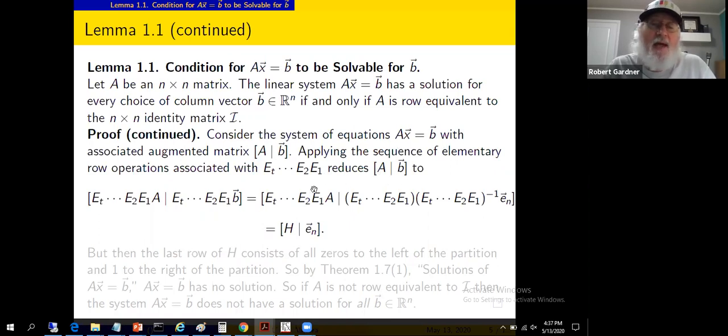What's going to happen to A? Well, I can express it in terms of these elementary matrices. We're going to get E1 times A, E2 times that, E3 times that, up through this final elementary matrix. And we'll do the same thing to vector B. What was vector B defined as again? We took vector B to be E sub t inverse through E sub 1 inverse times that standard basis vector.